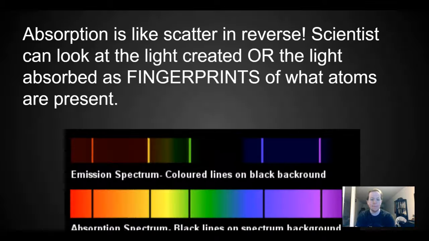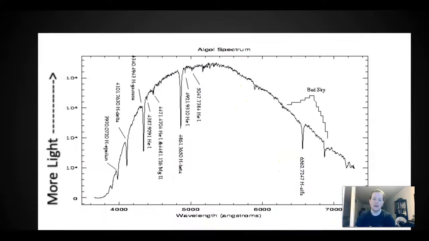We could do it by looking at this, right? Absorption, absorption, absorption. There's very little light. No light, black. Or here, if there's little light, black, it dives down, less light. So this is another way astronomers, scientists can study absorption, can look at fingerprints.